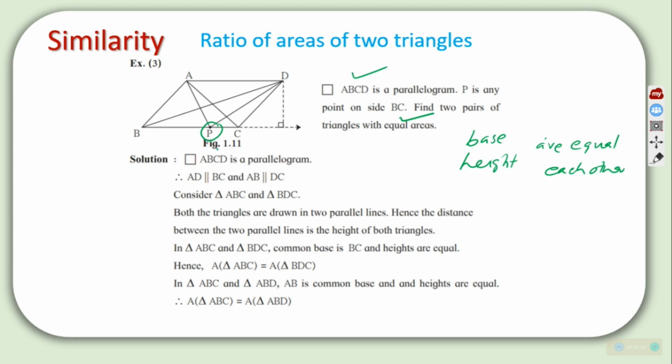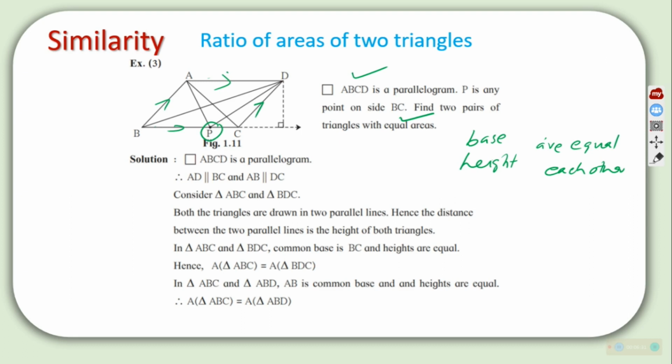Correct? So AB and BC are sides, AB, BC, AD, and AB is parallel to CD, and BC is parallel to AD. These are some peculiarities of a parallelogram.